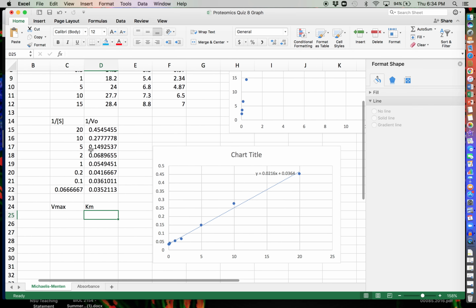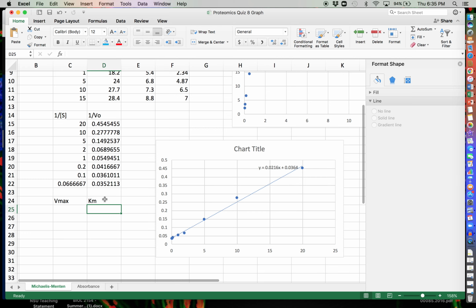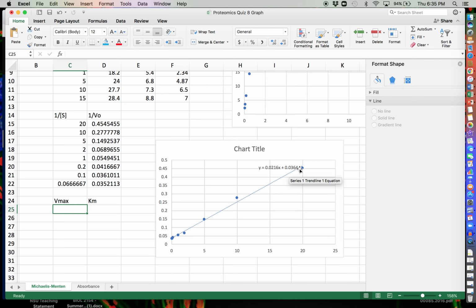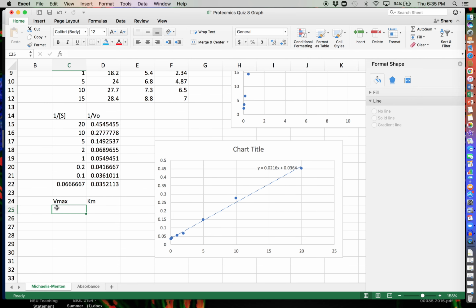Well, what if I told you with the Lineweaver-Burk plot, we can precisely determine them? So here's the first thing that we can do. The y-intercept here for the Lineweaver-Burk plot is given as 0.0364. That is actually equal to 1 over the Vmax. So if I want my Vmax and I don't want to eyeball things, I would just take 1 over 0.0364, just like so.